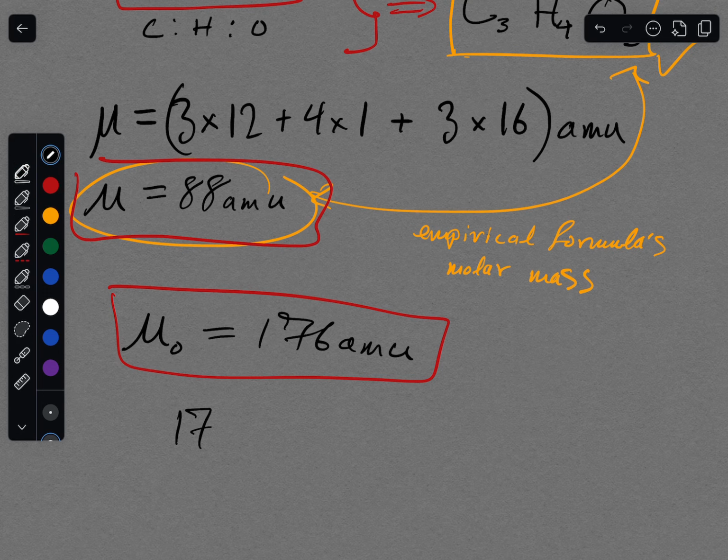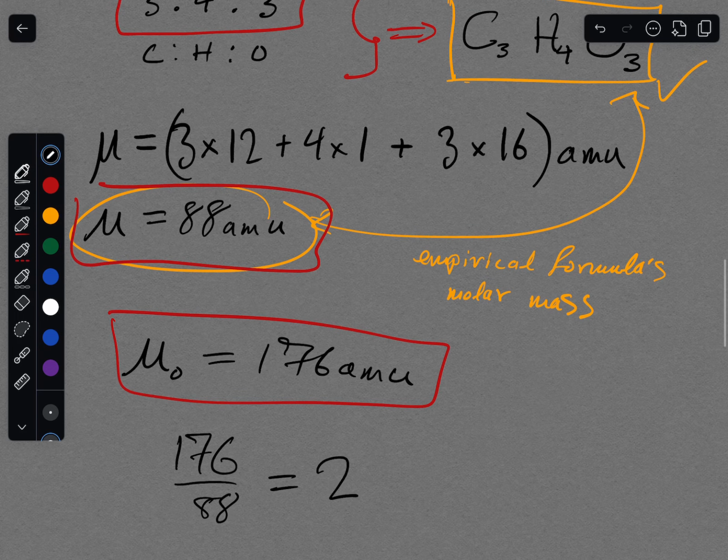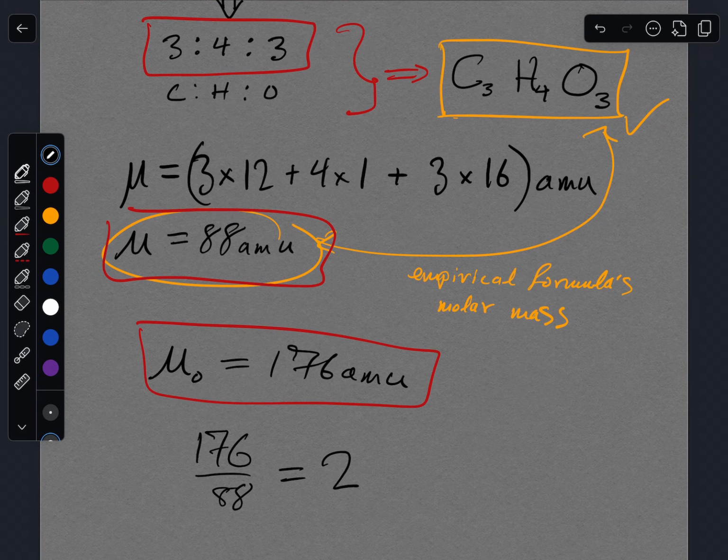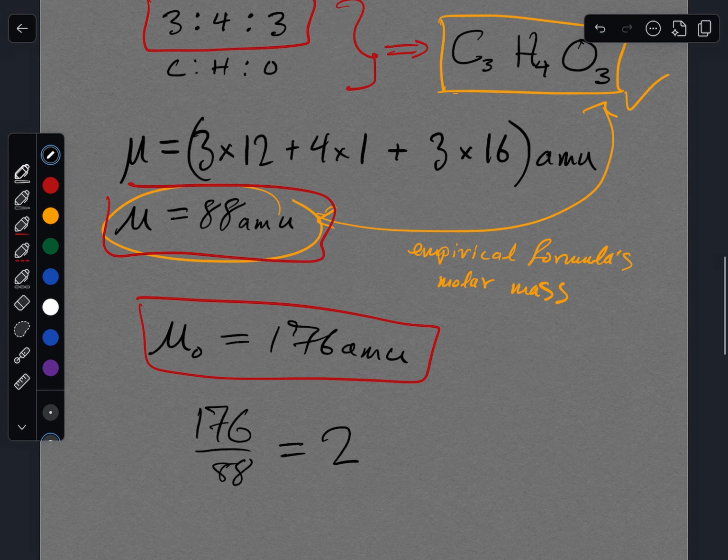Let's see, 176 divided by 88. Well, that is exactly 2. So what this implies is that our empirical formula, though it has the correct ratios of carbon, hydrogen, and oxygen, does not have the amounts that strictly match the molecular formula.